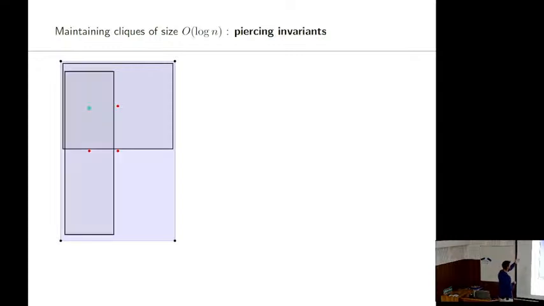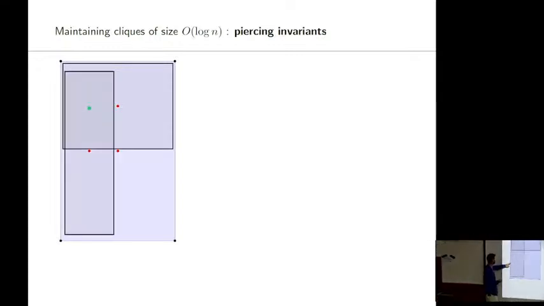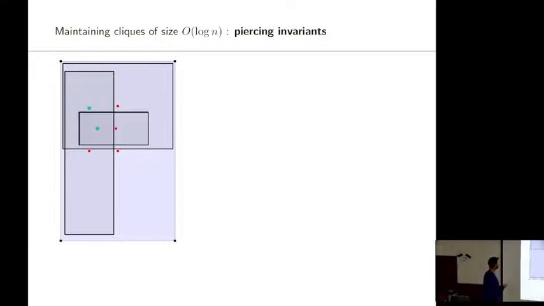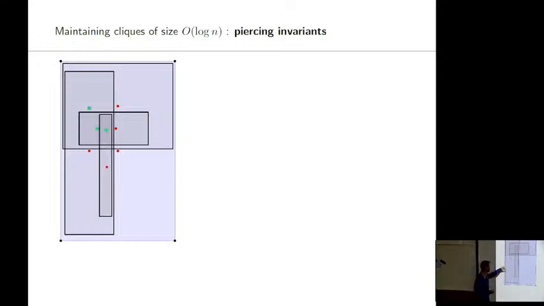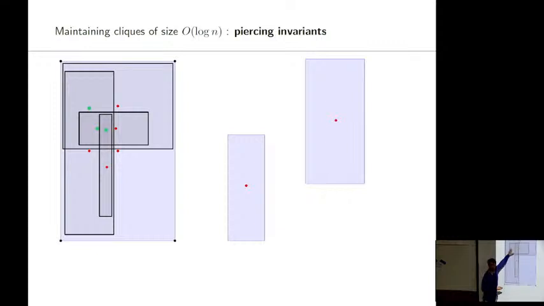We also pierce the center. And here another rectangle comes. Additionally to piercing the center, we will pierce the center of the intersection with the other one. This will make sure that the area of the intersection of the clique inside will decrease by 2 each time. So we will have at most a clique of size log n inside the rectangles.